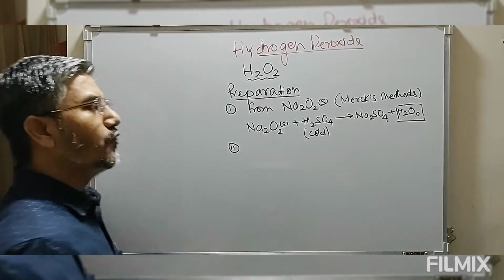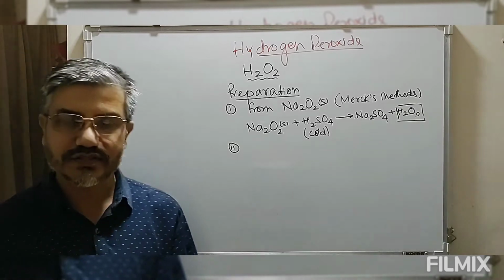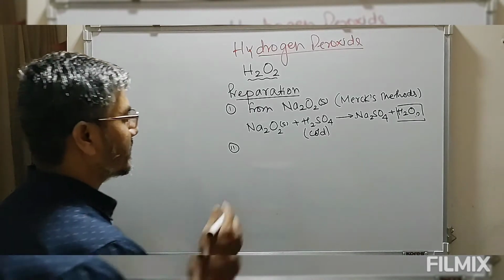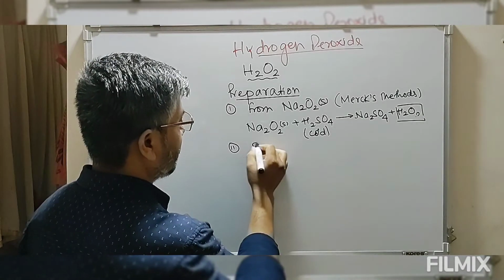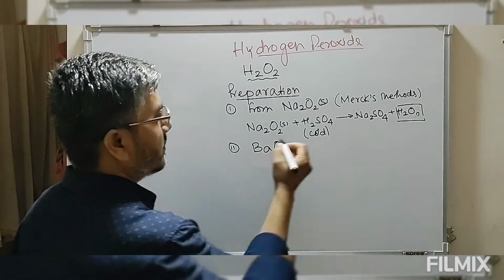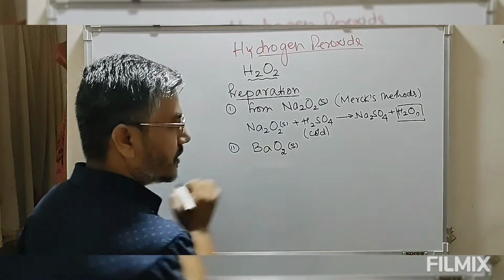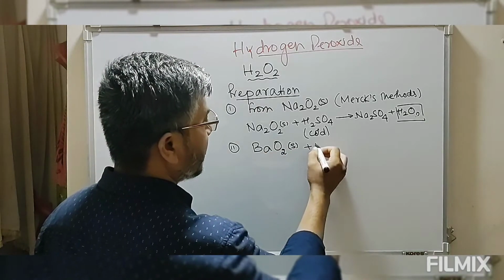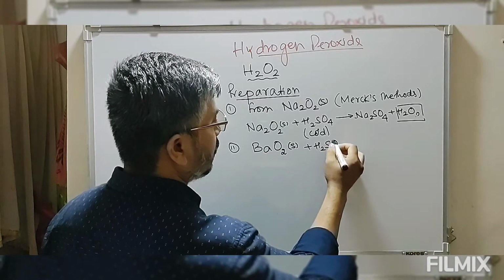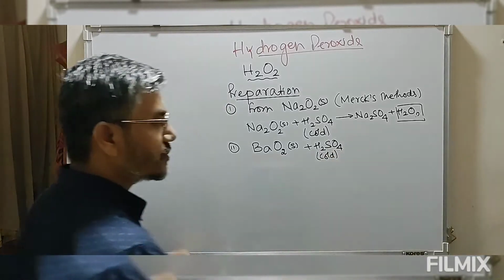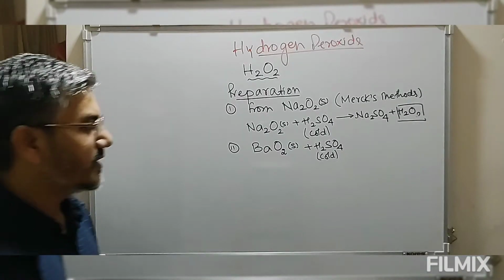Similarly, we can also obtain hydrogen peroxide by acidification of barium peroxide. So we take barium peroxide, again a solid. Now this barium peroxide we acidify with ice cold sulfuric acid.